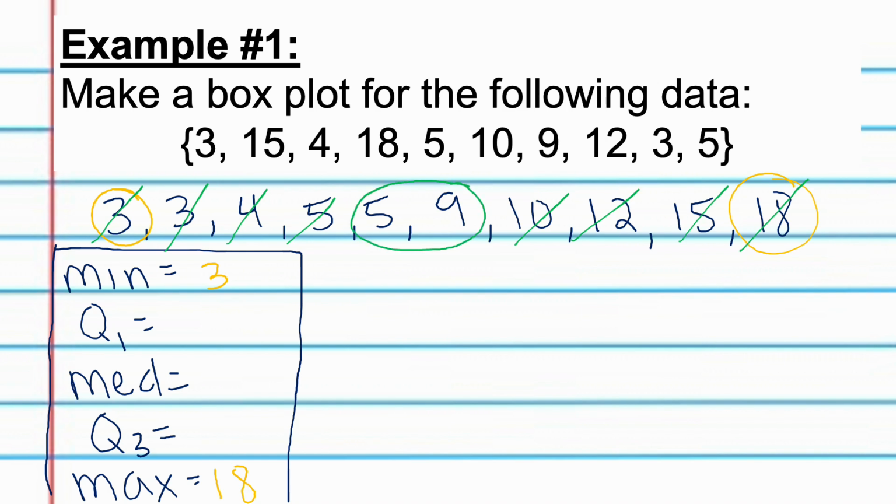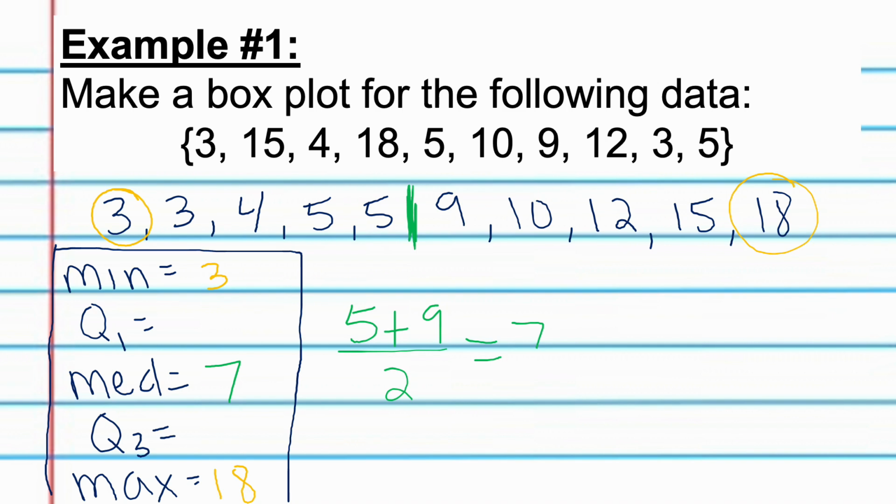So in order to find our median, we have to add 5 plus 9 divided by 2. So 5 plus 9 gives us 14, divided by 2 gives us 7, so our median is 7. Alright, so that median is right there between the 5 and the 9.